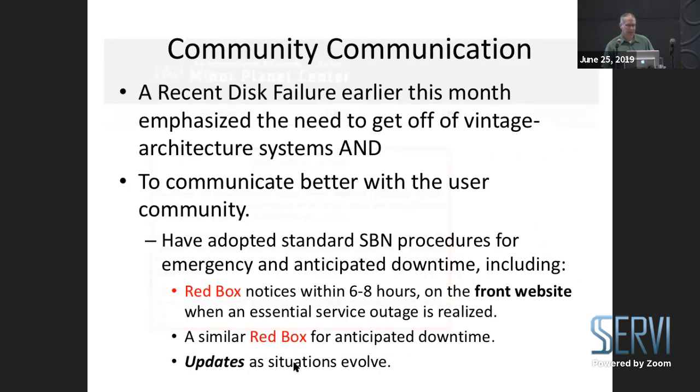The community, there's also an effort to communicate with the community. Most recently, it was apparent that this needs to be augmented, and a recent disk failure earlier this month emphasized the need for better communication.